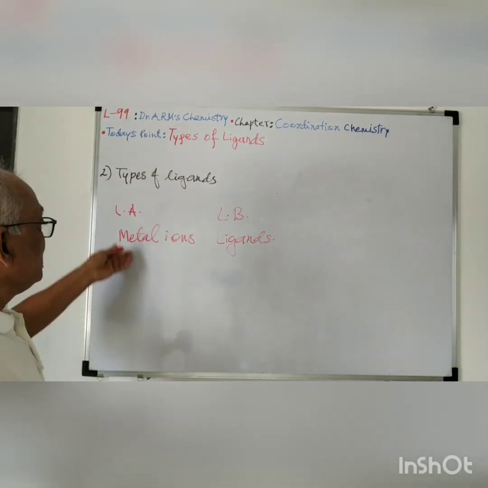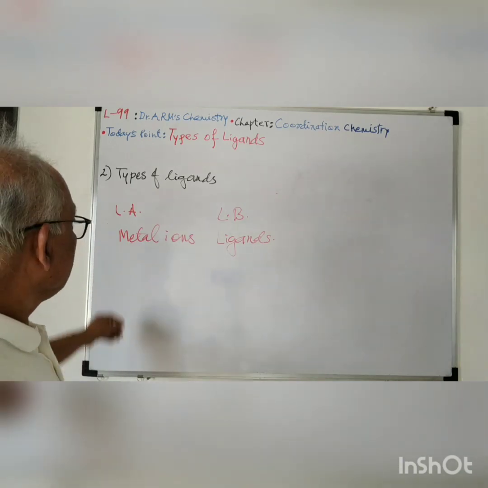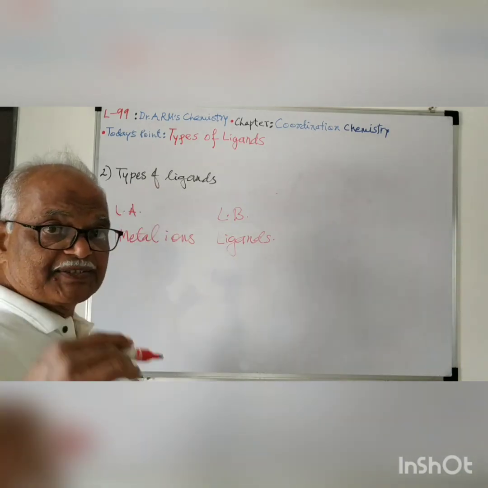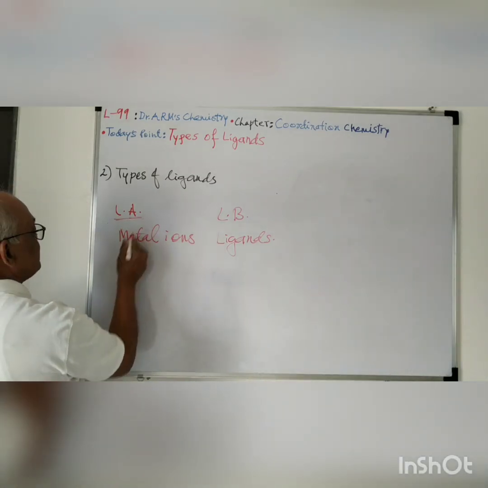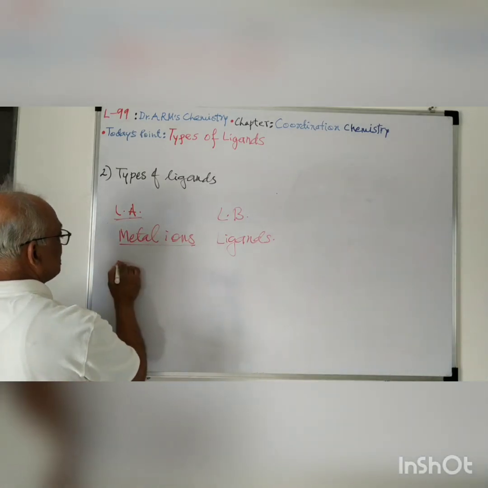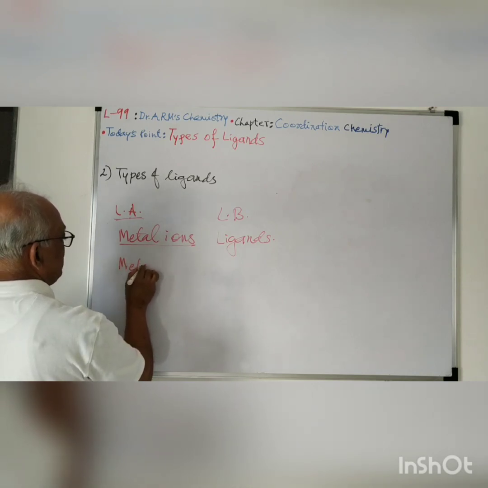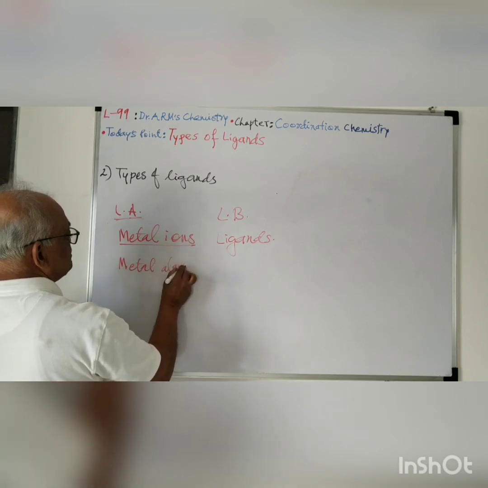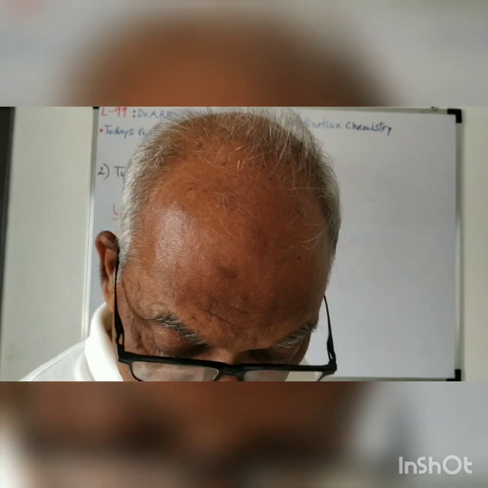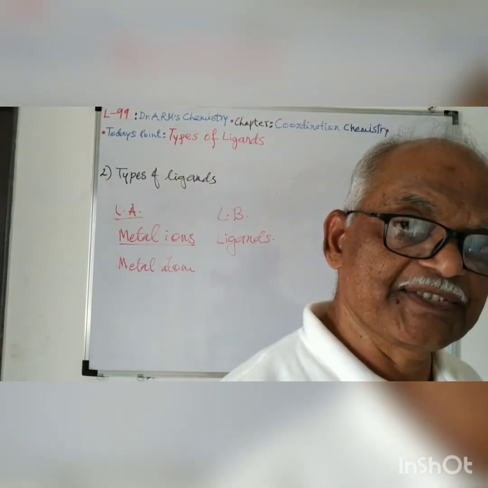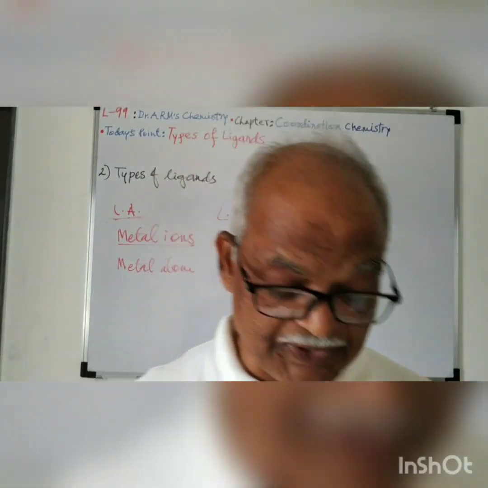Now we know the metal ions. In the case of complex or coordination chemistry, the Lewis acid can be a metal ion or a neutral metal atom, that is, with zero oxidation state. We have already seen this in acids and bases.